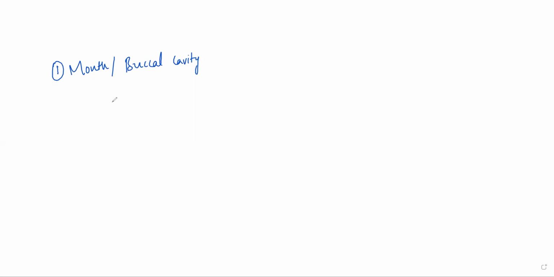And remember that the most important thing to be remembered here about the digestion is that starch is the substrate which is being digested by the salivary amylase, right? The salivary amylase is the enzyme here whose pH is 6.8.